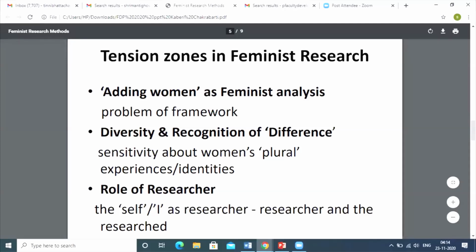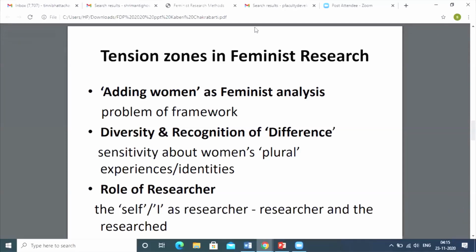I can give one example: when we research women's political representation through reservation, we find how patriarchal norms are enmeshed into this discussion of adding women into the political public space. It raises a very important debate. So adding women, this framework, has some problematic spaces.